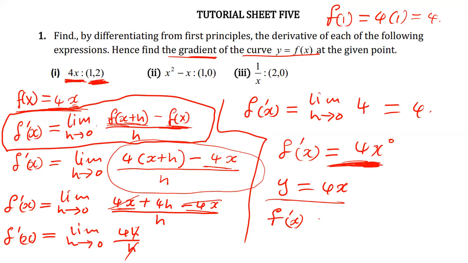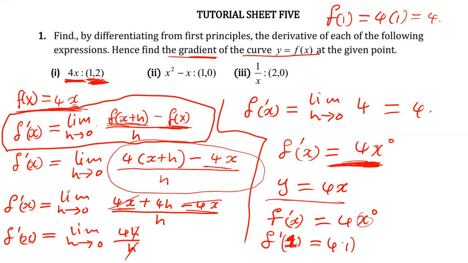So f prime of x is simply equal to 4x to the power 0. While there's x here, I'm going to put the coordinate of x there. So this would be f prime of 1. In this case, we have 1 there. F prime of 1 is now going to be equal to, while there's x there, I'm going to put 1.